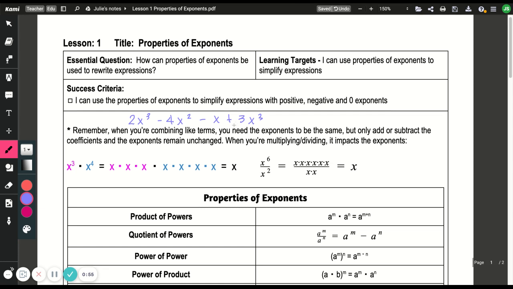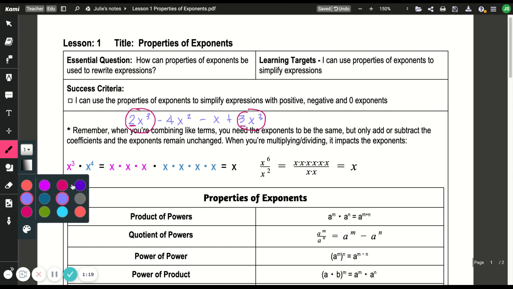And that means that they have the same variable with the same exponent. So this first term and this last term would be like terms. And when we are adding and subtracting, we only add or subtract their coefficients, or the numbers in front. We don't touch the exponents. The exponents just have to match for us to be able to combine them.